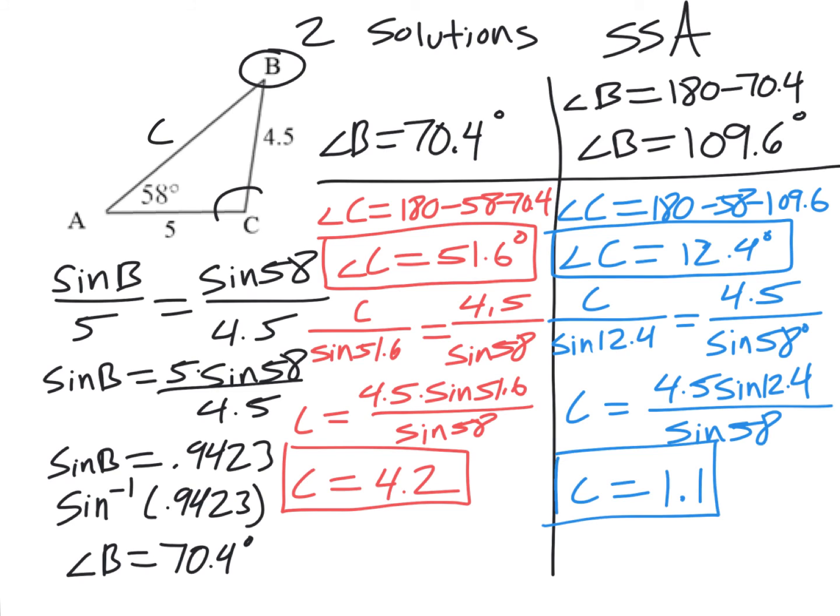There we'd have to visualize what our problem was. If you had a diagram or a representation to scale, then you could observe angle B and tell which scenario we're talking about. Because all we were given is angle A is 58, side A is 4.5, and side B is 5. It's all we had to get going.